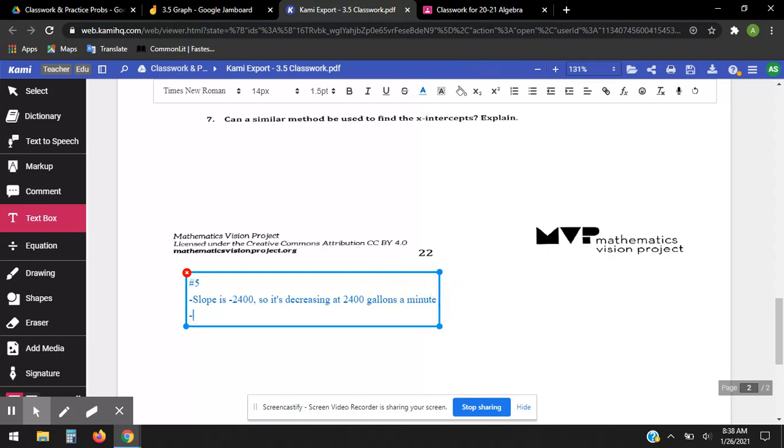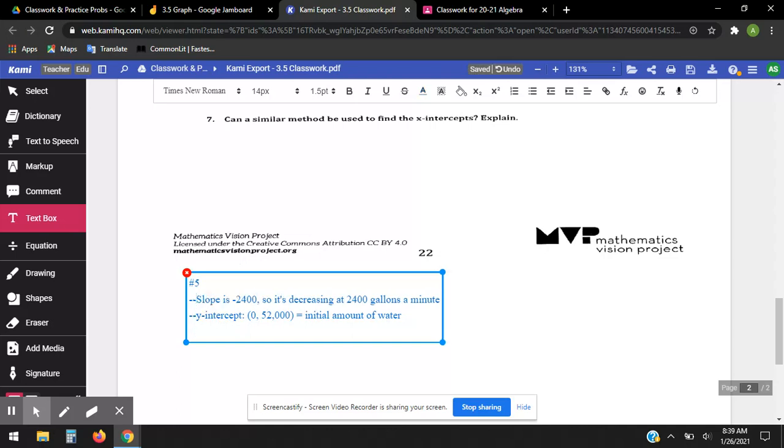Something else we know from this, if we start going into our domain, range and all that sort of thing, we said our y-intercept was 0, 52,000. And what that means is that is our initial amount of water, right? Because that's our total we started with. Do doubles on here so they're not getting confused.